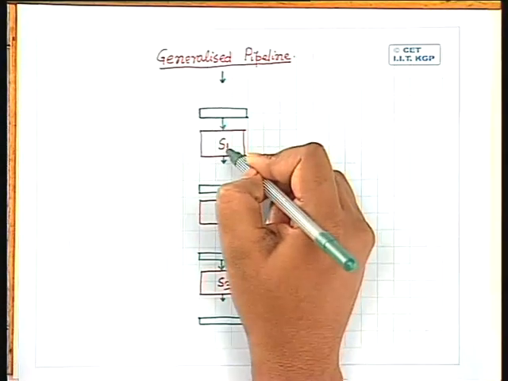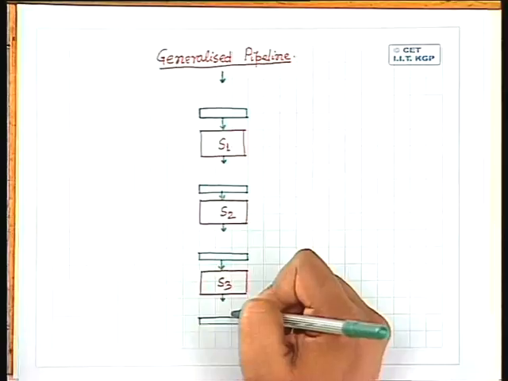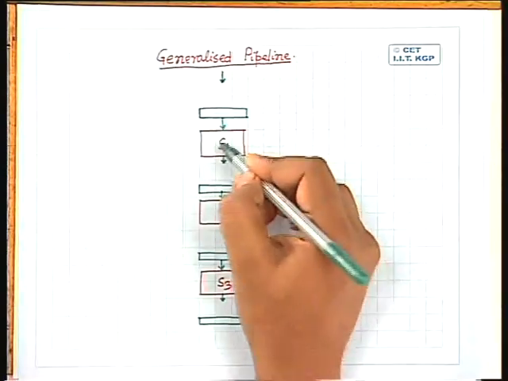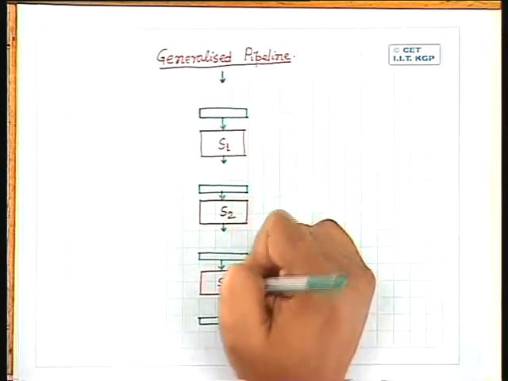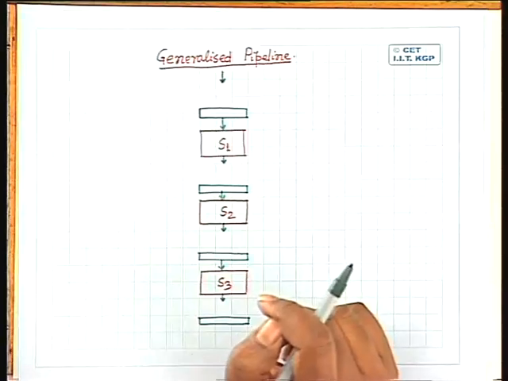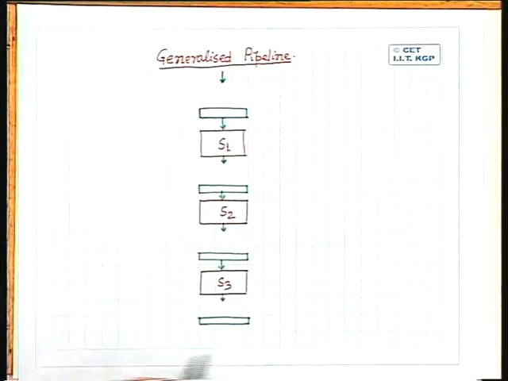If I send the data from S1 to S3, that becomes a feed-forward connection. From S1 to S2 or S2 to S3, that becomes a linear connection. So all these three types of connections should be possible in a generalized pipeline, because now the source of data to every stage can be one of many.